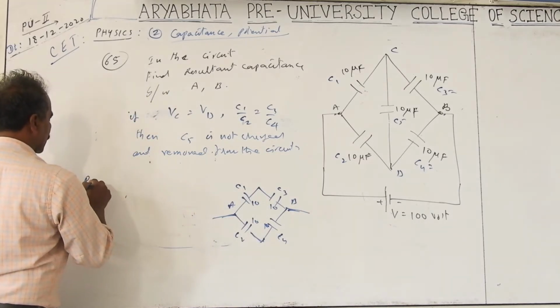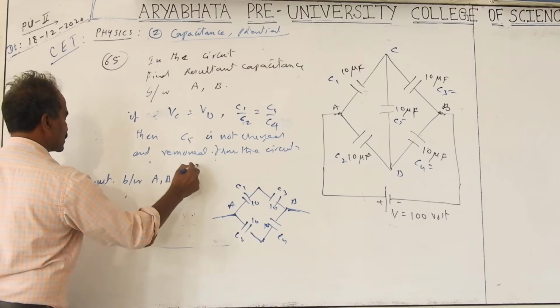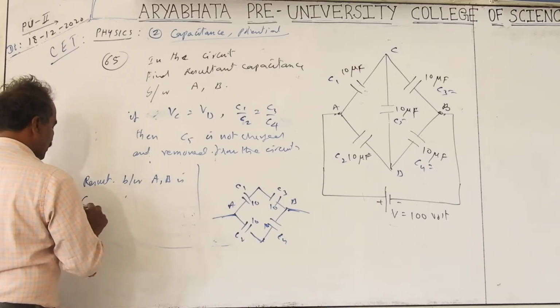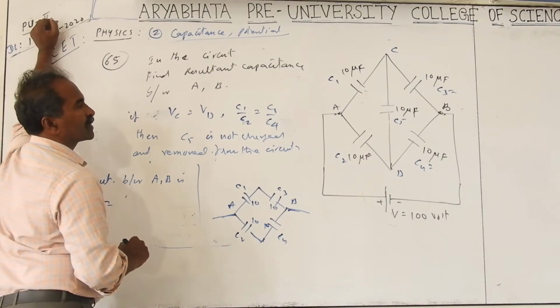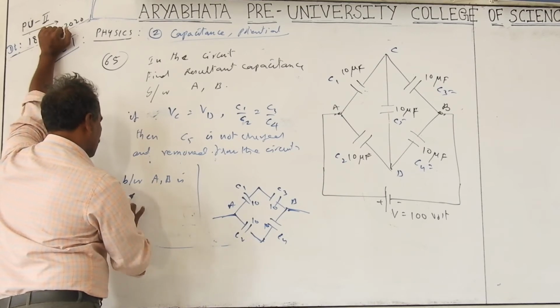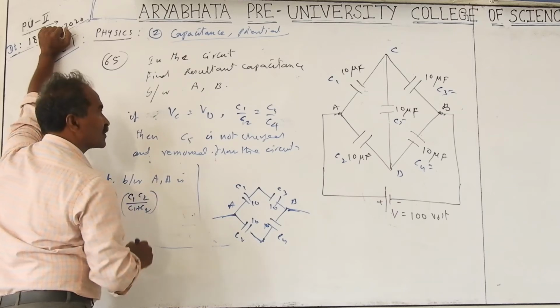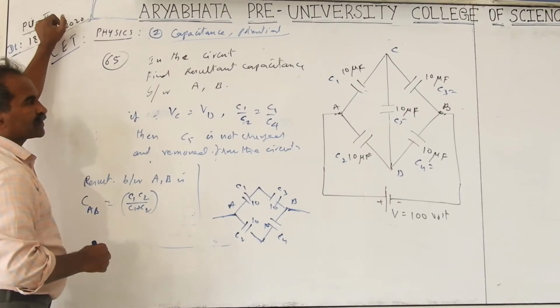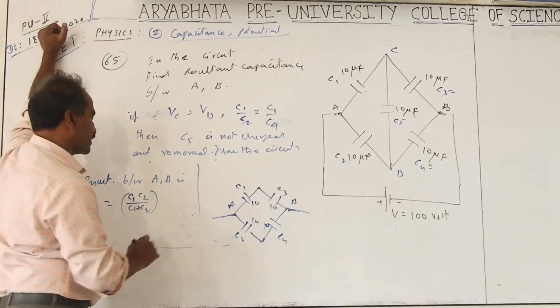The resultant between A and B, C_AB, is 10 in series with 10, that is C1 C2 by C1 plus C2. This is the top series combination. The bottom is also a series combination, and then they are added.